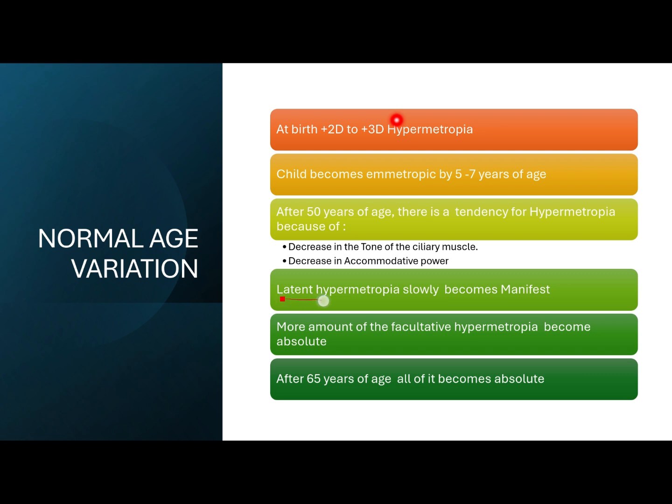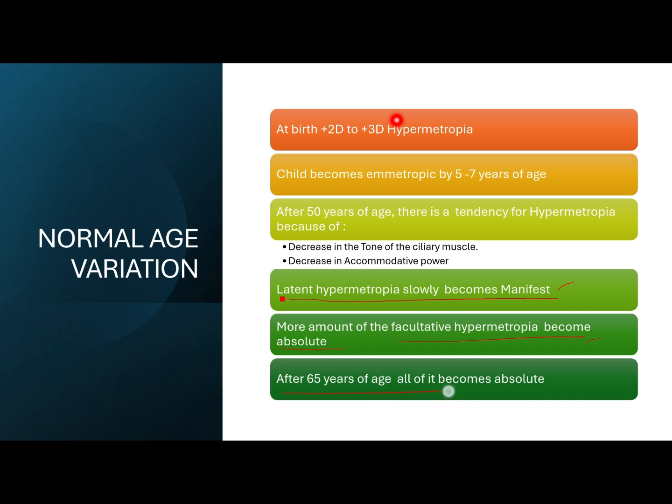So what happens? The latent hypermetropia slowly becomes manifest because we are losing our accommodative power, and more of the facultative hypermetropia slowly becomes absolute. This is because the ciliary muscle tone is gone, and because of loss of accommodation with age. So facultative hypermetropia becomes absolute.